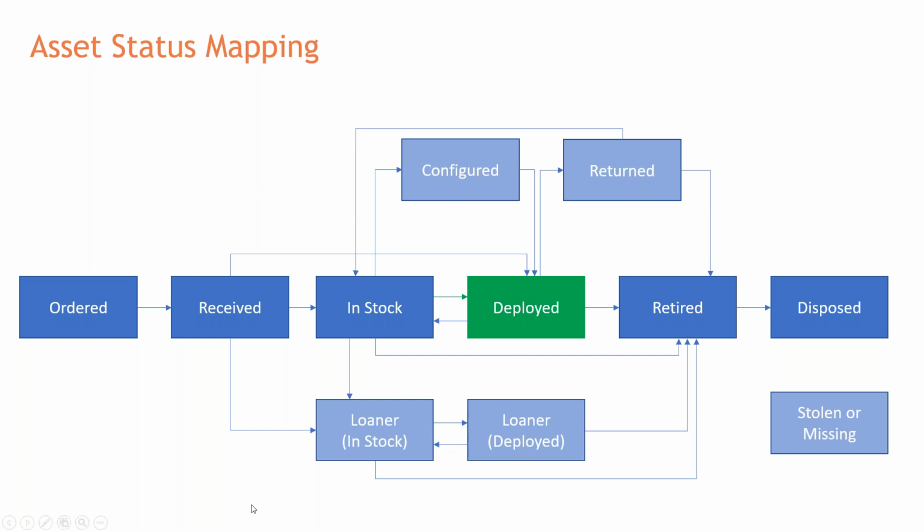But yes, I just wanted to highlight that. So today we're going to focus, for the next example, on this arrow here that's gone green, and that is going from in stock to deployed. That's pretty basic. We're going to give this to a user so it can actually do some work for our organization.